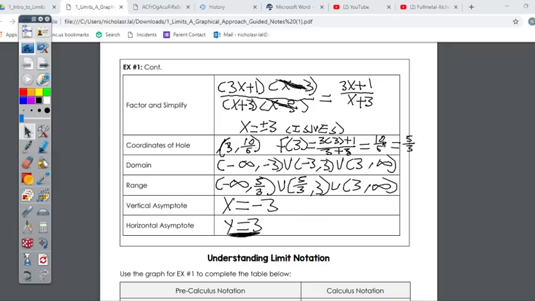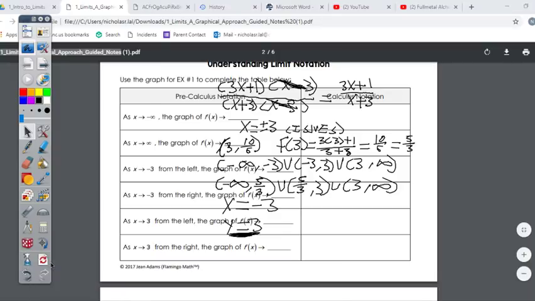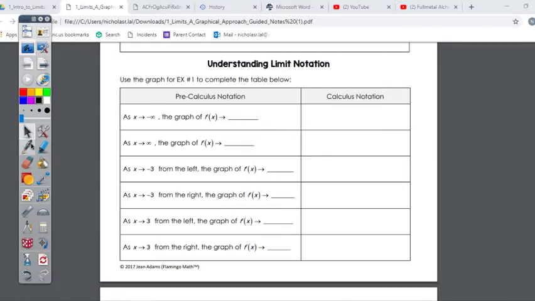That being said, let's scroll down and look at understanding limit notation. So we have some pre-calculus notation and some calculus notation that we've been exposed to before. As x approaches negative infinity, the graph of f of x approaches 3.